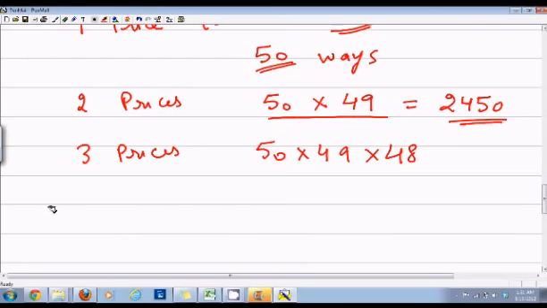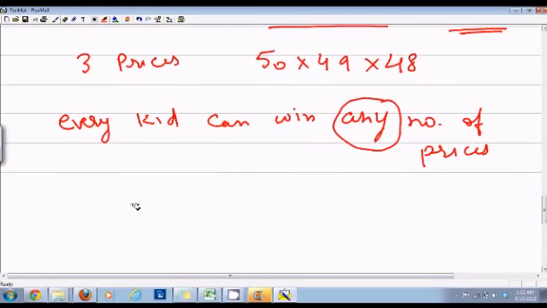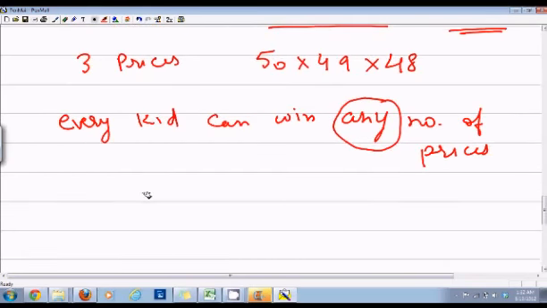But now, if I say the condition that every kid can win any number of prizes, then for the first prize we have 50 options, and for the second prize, because the first kid has already won the prize but he can win it again, we again have 50 options.